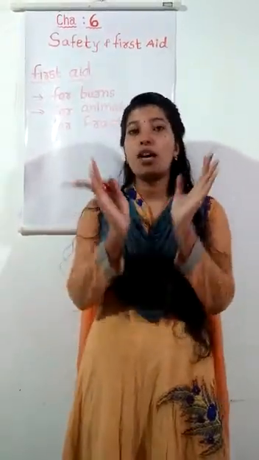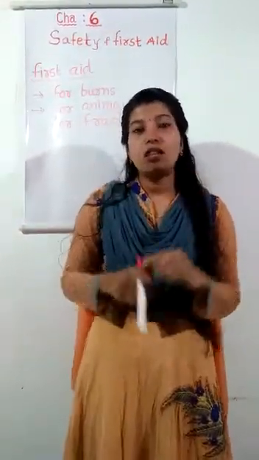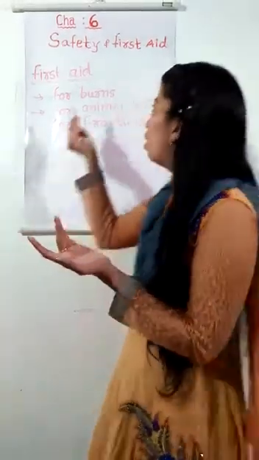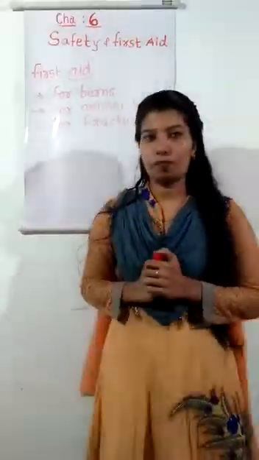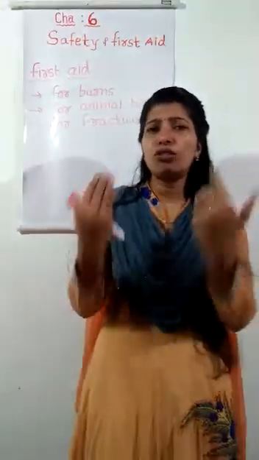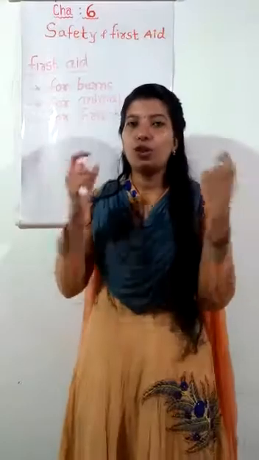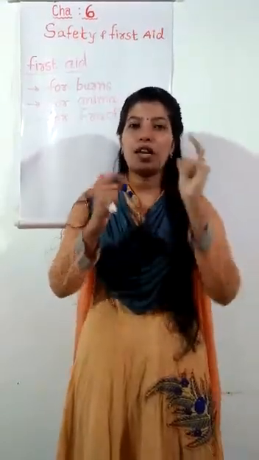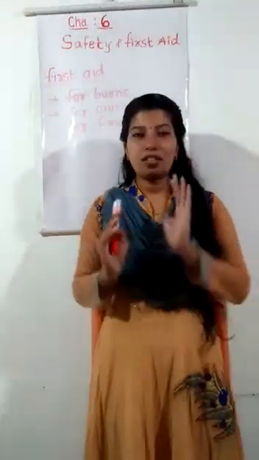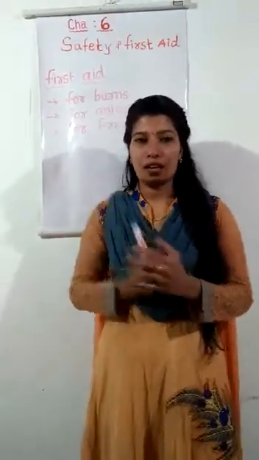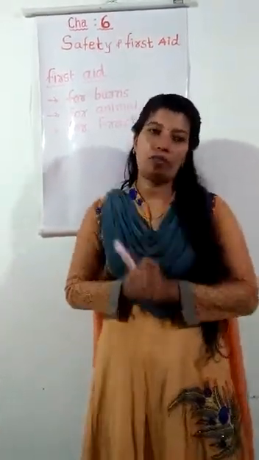Now let's move on to the next topic, which is first aid for fractures. How do we give first aid for fractures? First we should know what is meant by a fracture. A fracture is a crack or break in a bone.